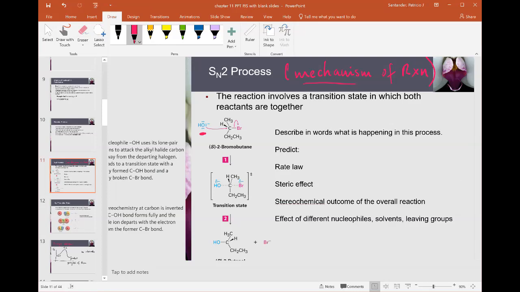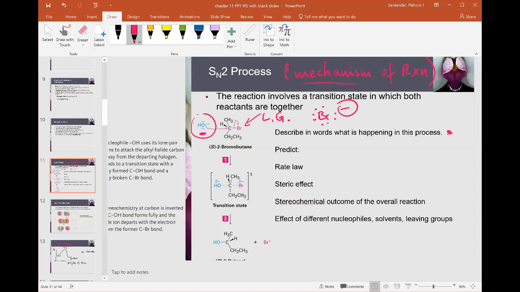If I was going to describe what is happening in this overall process, I would say you have the nucleophile OH minus attacking from the opposite side of the departure of the leaving group. And the leaving group is the bromine, the bromide, the Br minus. That will be my leaving group.